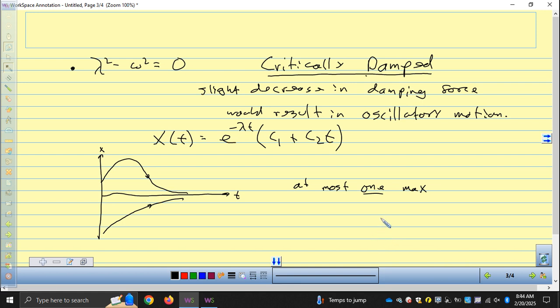So in this case, the mass would pass through the equilibrium position at most one time. We started here, at most one time, and then it would decay. And this is when x prime of t equals 0. How we always find the maximum, we set the derivative equal to 0.